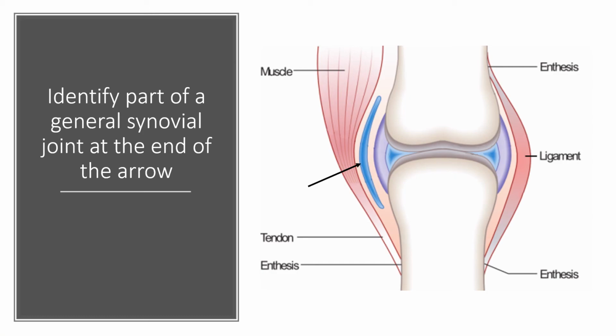So now I'm going to ask you to start identifying parts of joints. This is asking you to identify part of just a general synovial joint at the end of the arrow. I will give you extra time. The answer is bursa.